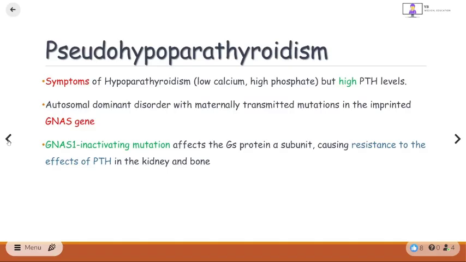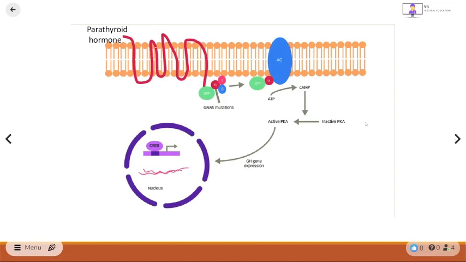Okay, so the trigger here is an inactivating mutation in the GNAS1 subunit that leads to decreased signaling of the growth hormone and the parathyroid hormone, right? So you get high levels of parathyroid hormone, with resistance to its effects in kidney and bone. So you get low calcium and high phosphate, right?